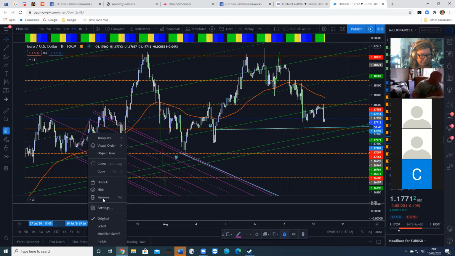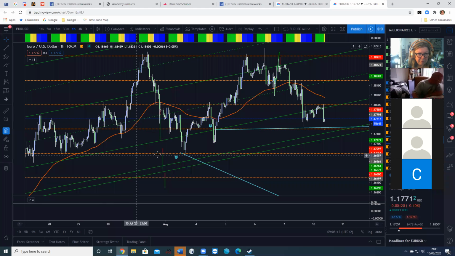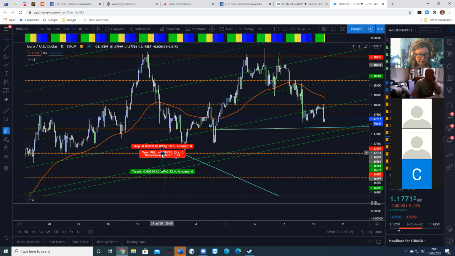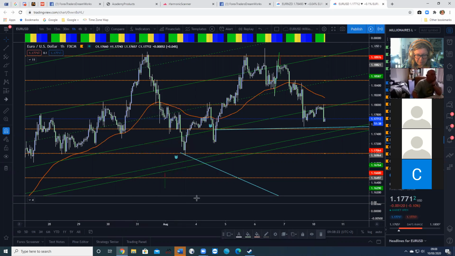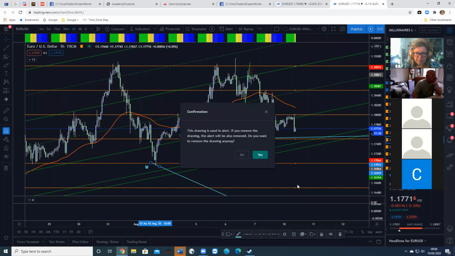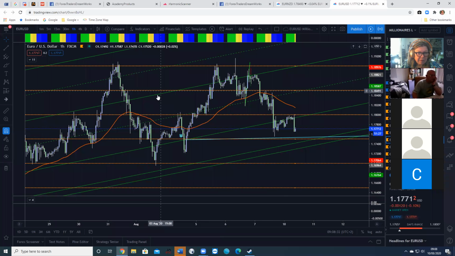Just be easier for you to see. I'll take those off because they show on the right hand menu. Okay, so now we've got that. I could take that one off as well. I'll fade out an old one I was using.